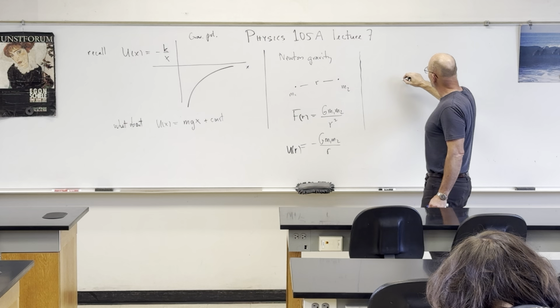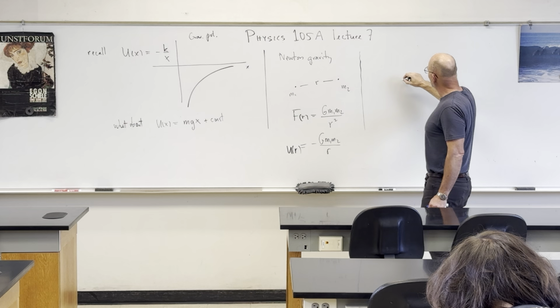And then by the calculation we did last time in one dimension, or one variable, we get minus G M1 M2 over r.